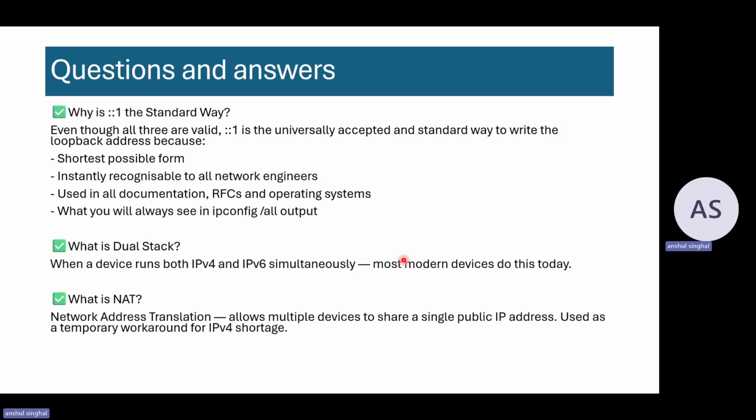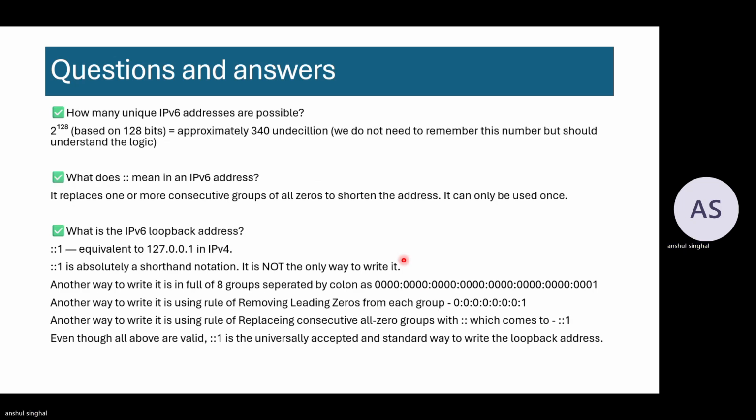For example, if we write the full notation for the IPv6 loopback address, with 7 groups of 0000 and the last group as 0001, somebody has to carefully write all the zeros to make sure each group has 4 zeros except the last one, and whoever is looking at the full address has to put in more effort to see whether it is written correctly.